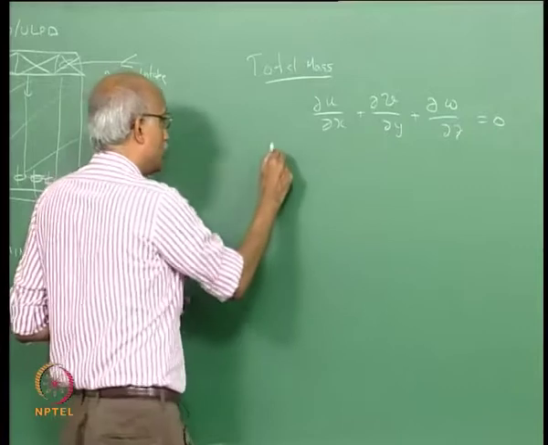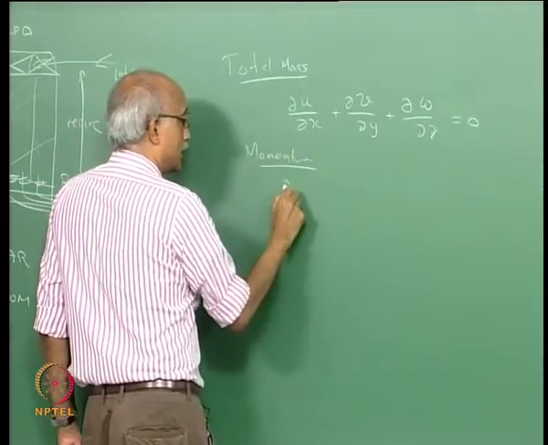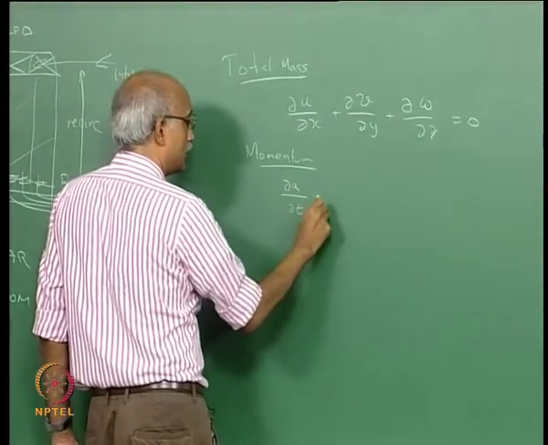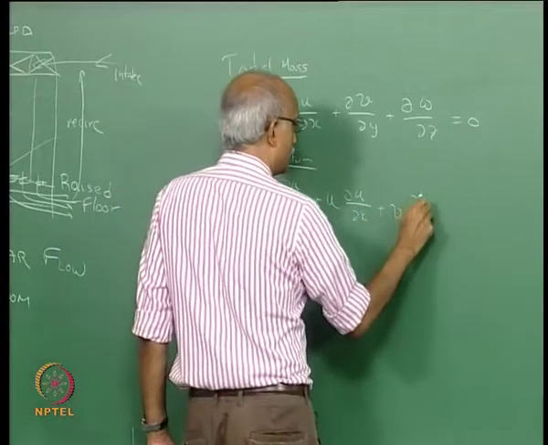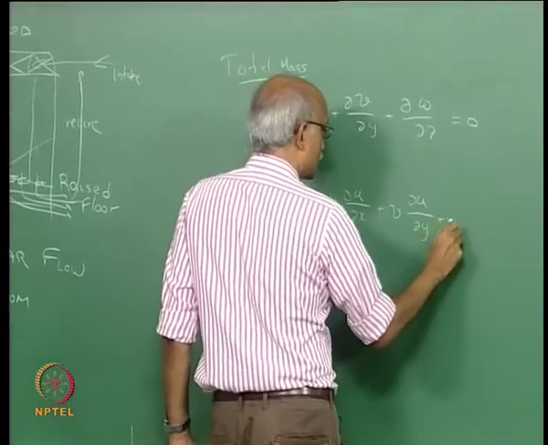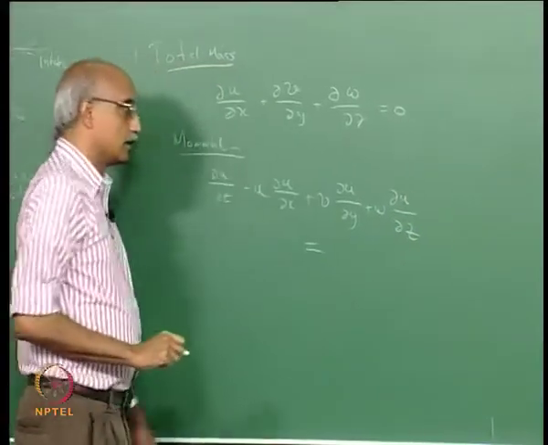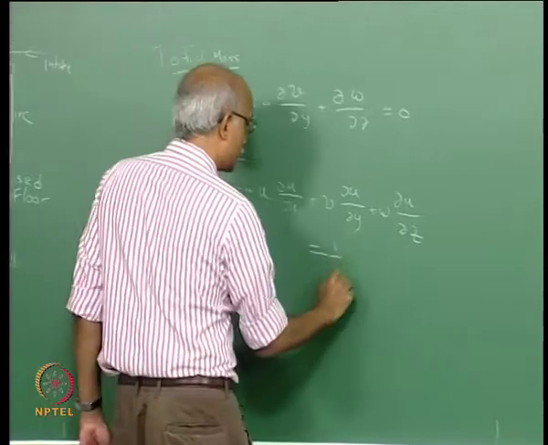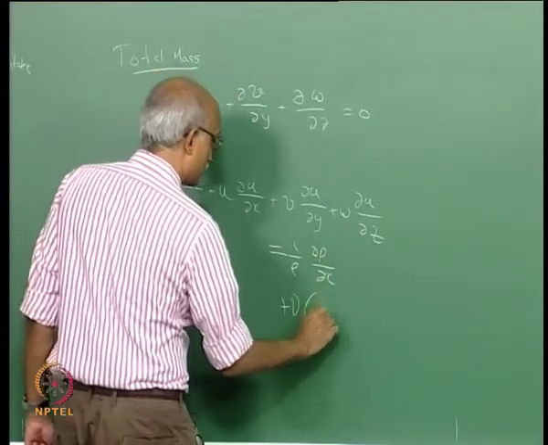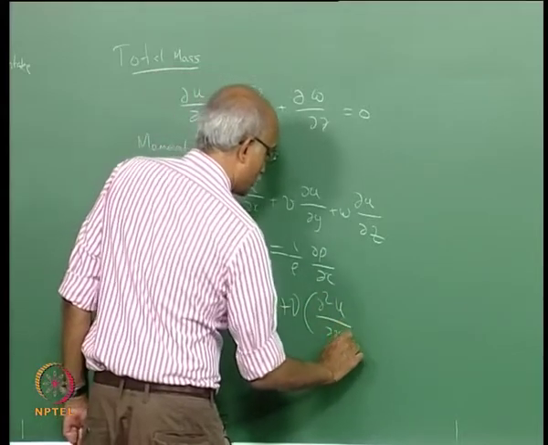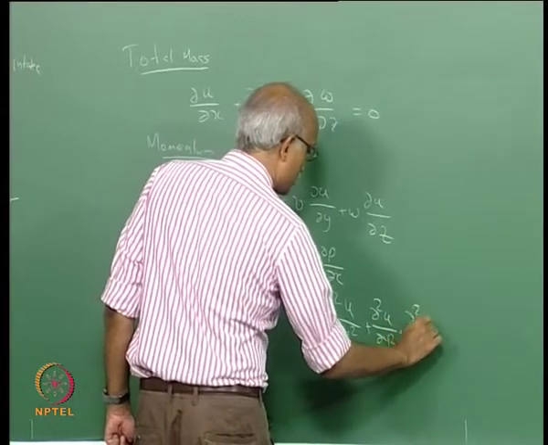And then you would write the momentum conservation equation as del u by del t plus u del u by del x plus v del u by del y plus w del u by del z equals 1 over rho del p by del x plus nu times del squared u by del x squared plus del squared u by del y squared plus del squared u by del z squared.